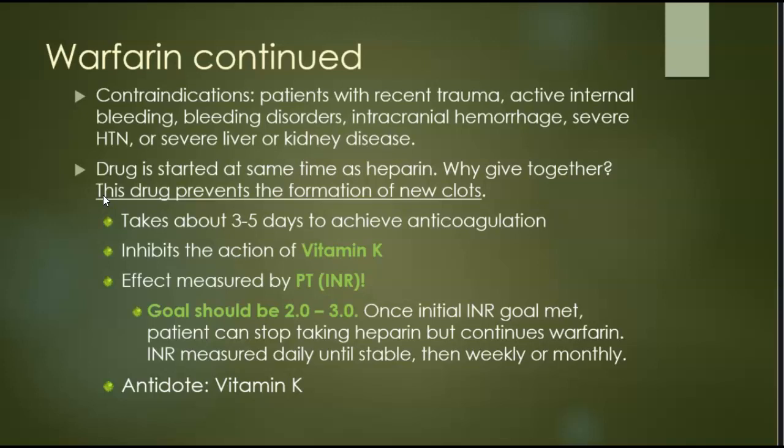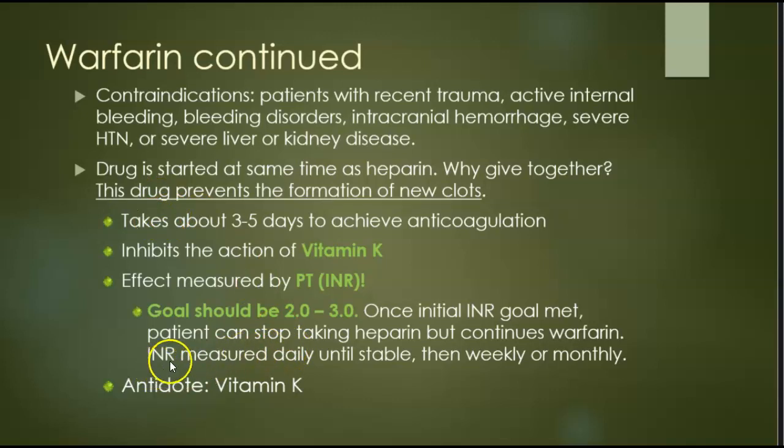And the goal should be 2 to 3 times, meaning it should be 2 to 3 times above normal. So if your PT is normally 1, this ratio should be 2 to 3 times higher than what we normally have. And that's good. We want that because that means our patient is therapeutically anticoagulated.